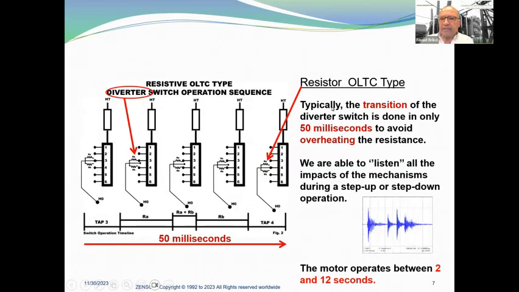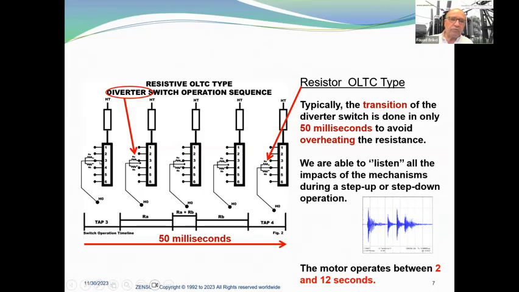So typically, the transition of the diverter switch is done in only 50 milliseconds to avoid overheating the resistance. So we are able to listen to all the impacts of the mechanism during a step up or step down operation. Here you can see in this graph the resistive OLTC type diverter switch operation sequence.